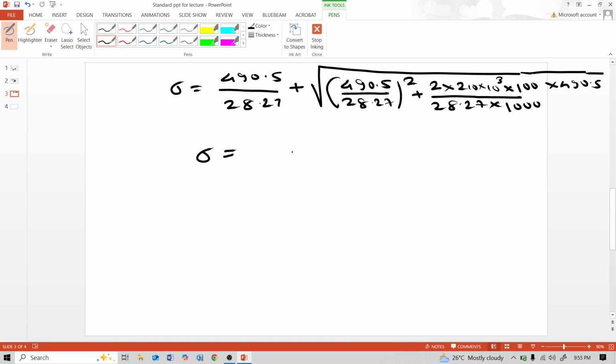So 490.5 upon 28.27 plus under root of 490.5 upon 28.27 square plus 2 into 210 into 10 raised to 3 into 100 into 490.5 upon 28.27 into 1000. So the stress comes 871.17 Newton per mm square.